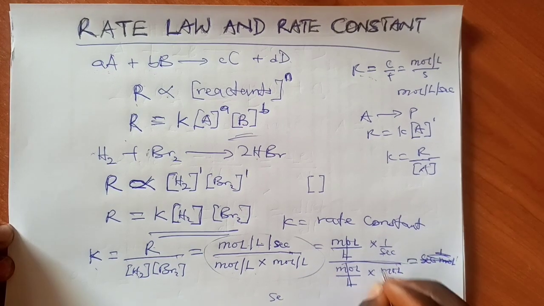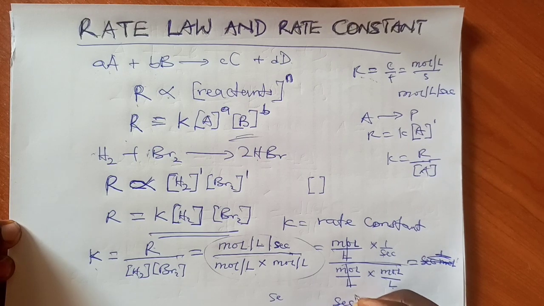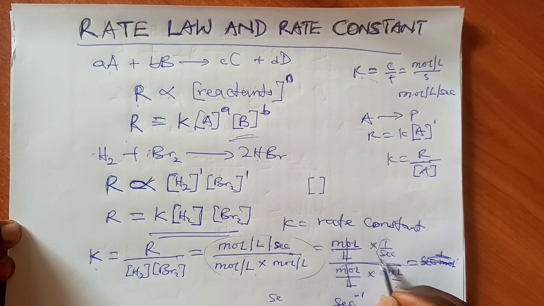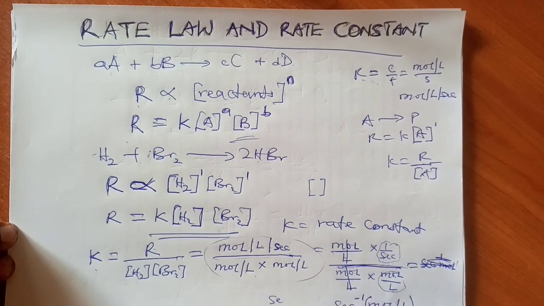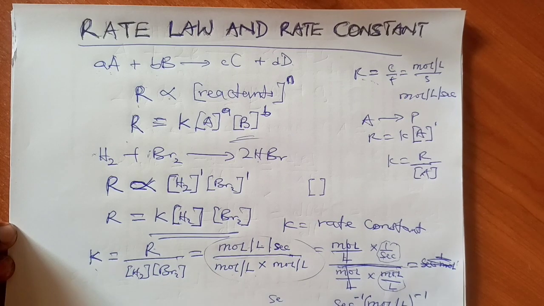Let me write it here. Per second, what you have here is per second. Then mole per liter. Remember, there is still a division sign here, which is a per. Mole per liter, okay, which is this. Do you understand? So this is a unit, okay. It is accepted.